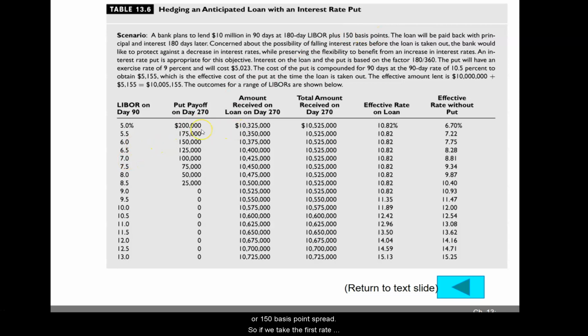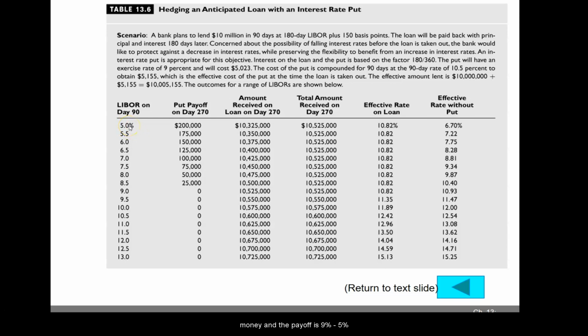So if we take the first rate here, 5% for example, in this case, the interest rate put is in the money because the put gives the bank the right to lend at 9%, and the LIBOR on day 90 is 5%. Hence, it's more valuable to lend at 9% than to lend at the spot rate of 5%.